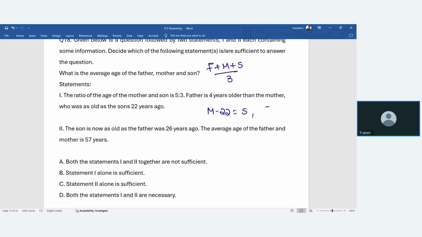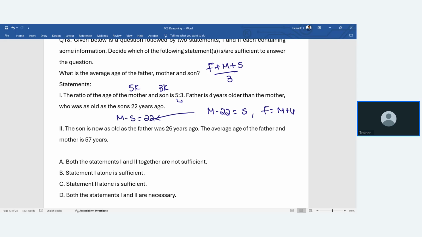Father is 4 years older than mother. Because of the word who, it's related to mother only. And here they gave mother and son. Age of mother and son is 5:3. So mother is 5k, son is 3k. Difference is 2k. Difference between mother and son is equal to 22.